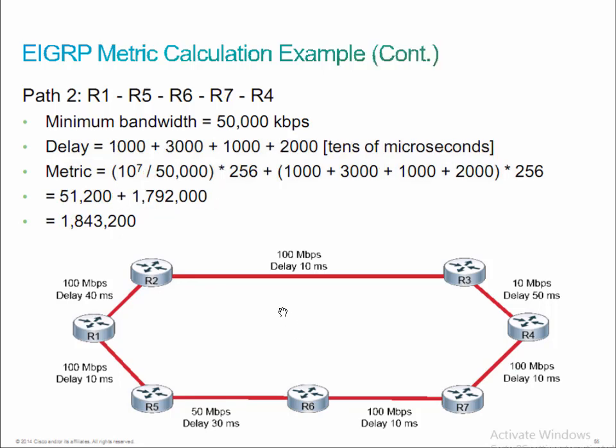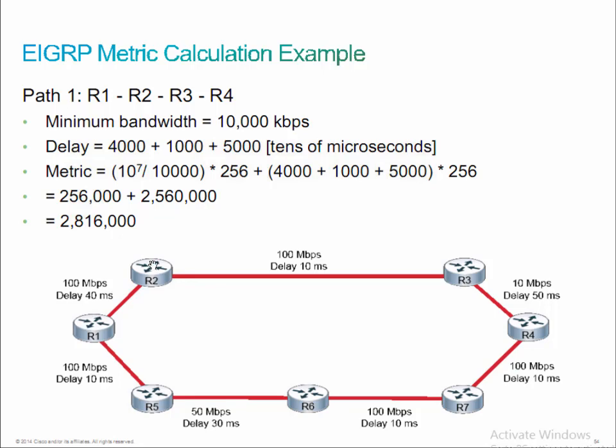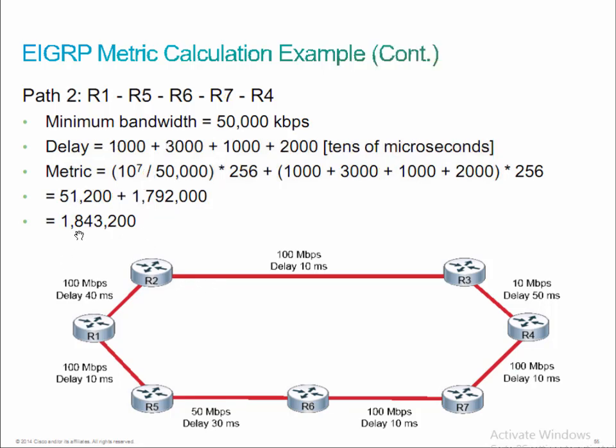Okay? Then they do the same thing for the bottom link, same numbers. So we can see that this path has an overall metric feasible distance of 2,816,000, whereas the bottom path has an overall feasible distance of 1,843,200, which means the bottom path is going to be my successor.